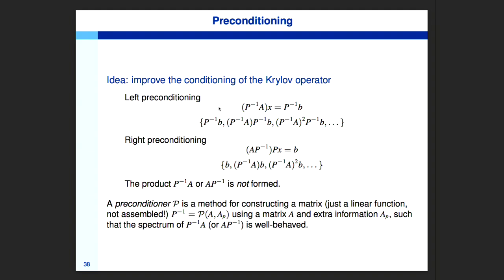That is, we use another matrix, as represented here by P, where the product AP is more amenable to convergence than just the original matrix. So in practice, we don't typically form these products of matrices, but rather we apply different algorithms to use the inverse operator of the matrix through the preconditioner.